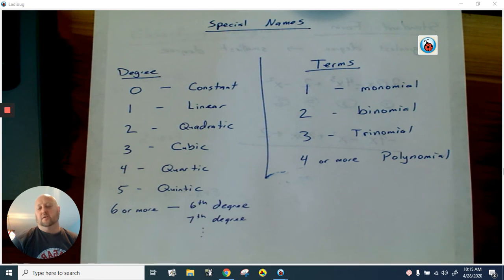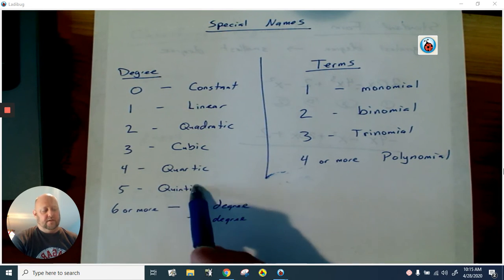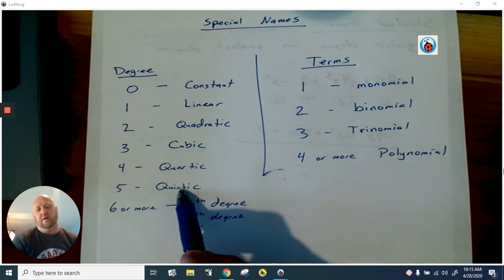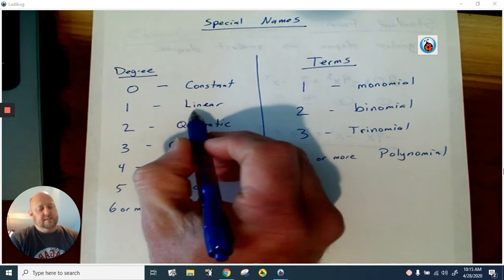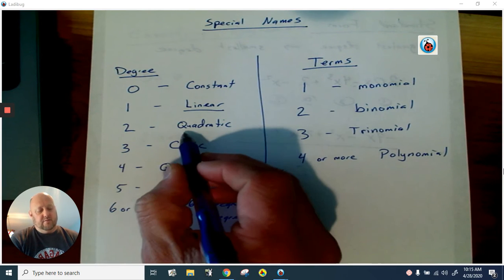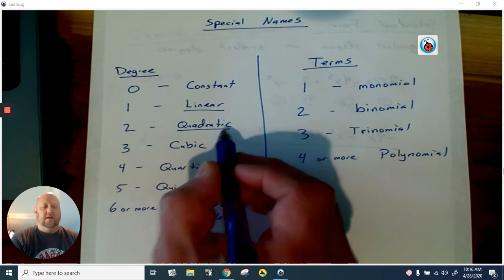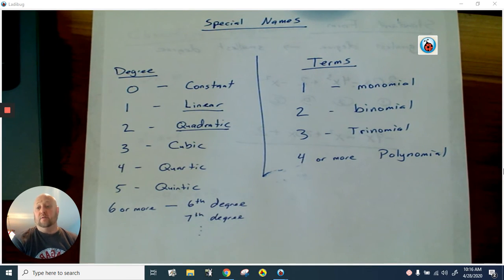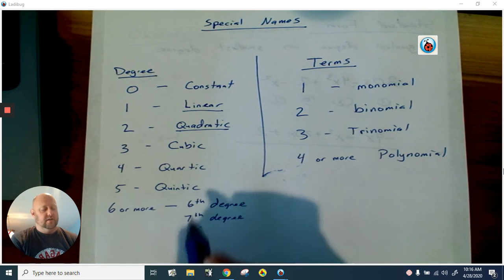6th or more, we just call it a 6th degree polynomial, 7th degree. We can't come up with names for everything. I'll be honest with you, this one is very rarely used. I would not worry about that one too much. We are definitely going to use linear a lot. We already do. We use quadratic a ton. We're going to do a lot with quadratics in the near future.